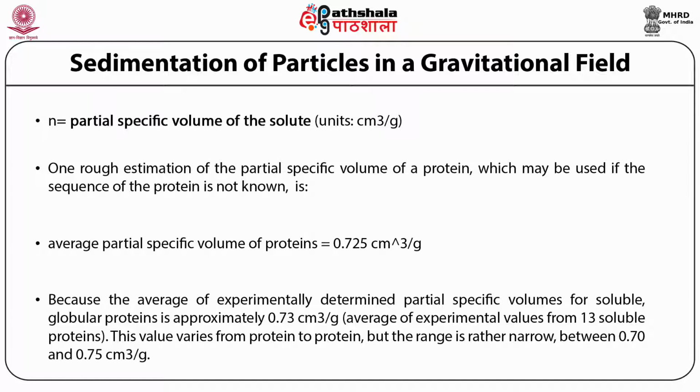This value varies from protein to protein, but the range is rather narrow, between 0.7 and 0.75. That's why we can take 0.725 as an average for the calculation of partial specific volume of protein.